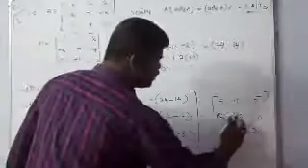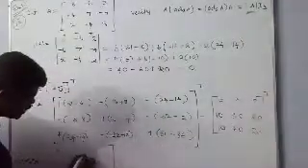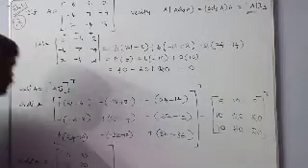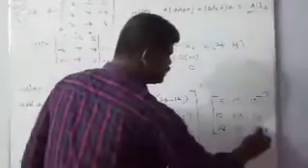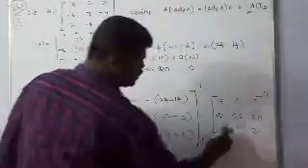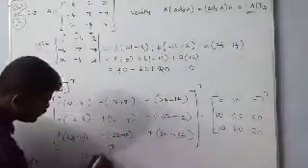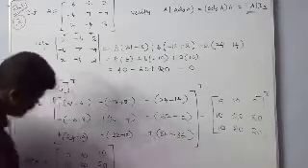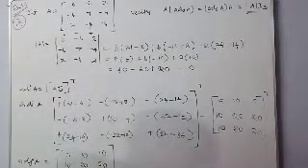And take the second row 10, 20, 20. And take the third row 10, interchange to column 10, 20, 20. This is the adjoint of A.